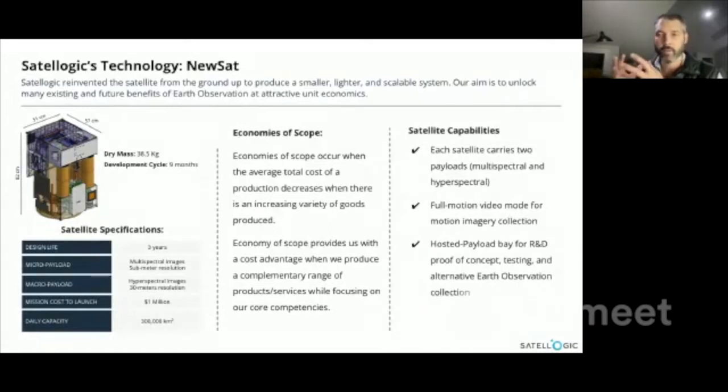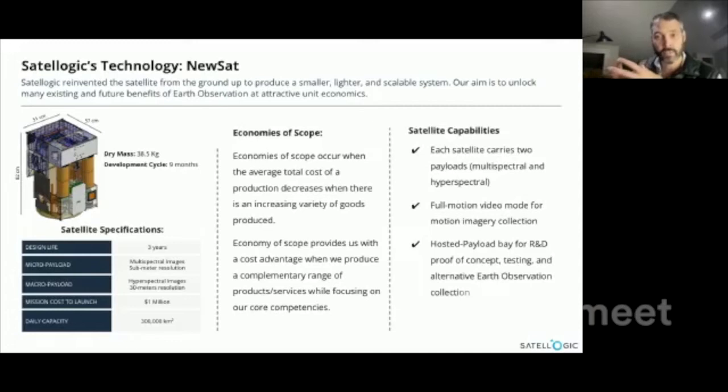That way, we're able to pivot to market demand or satisfy different variations of market demand. We know that in the security realm, they're very interested in full motion video, being able to dwell over a particular place on the Earth for over a minute. The scientific, agriculture, and mining communities are interested in hyperspectral.